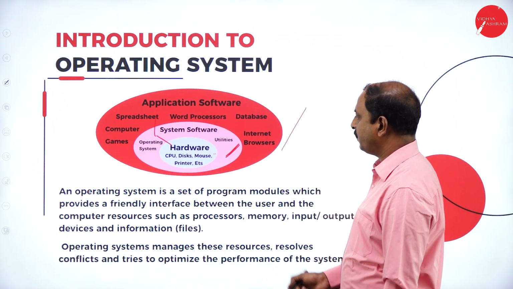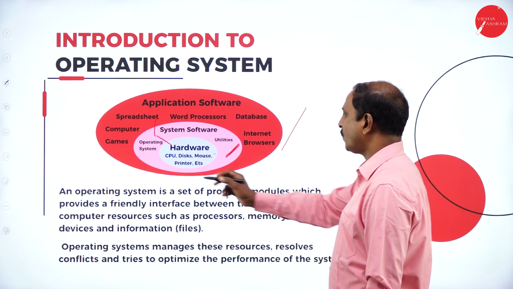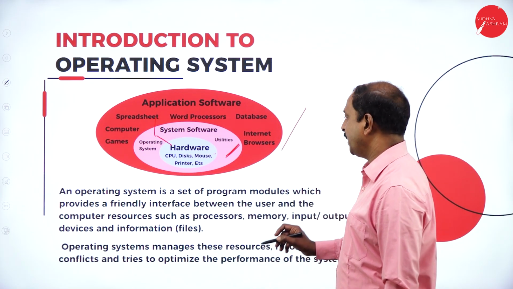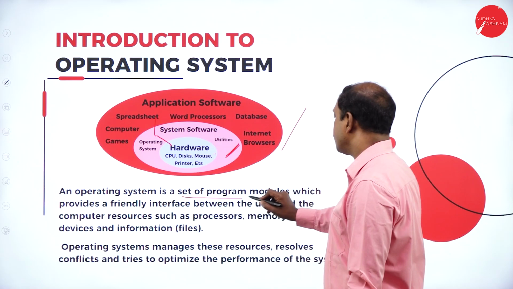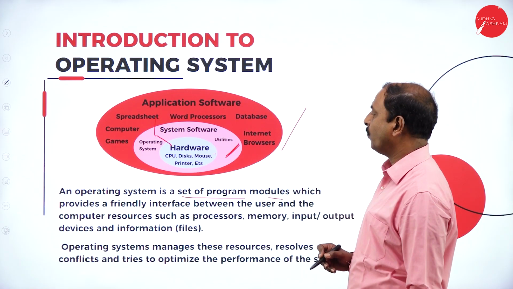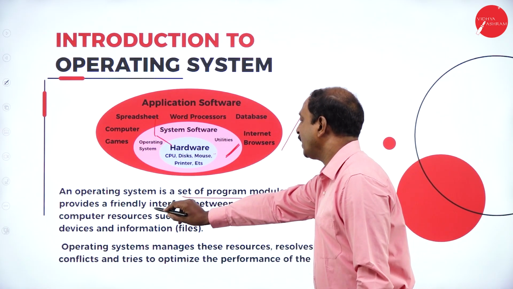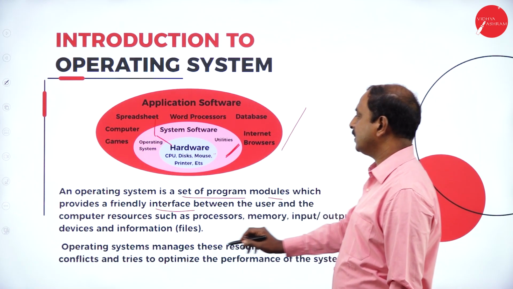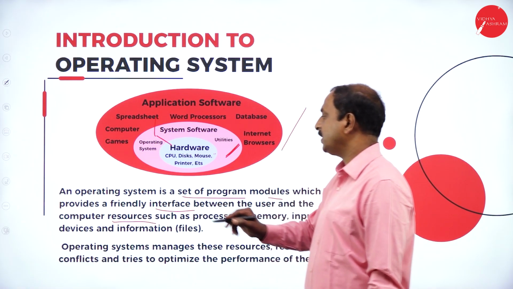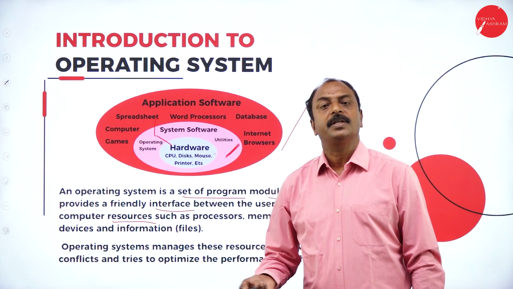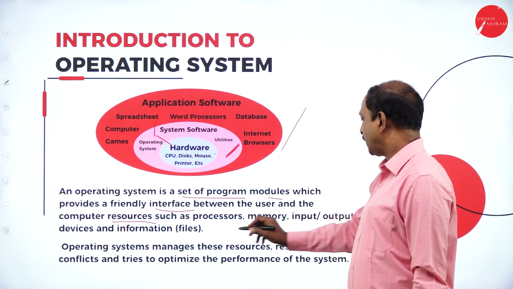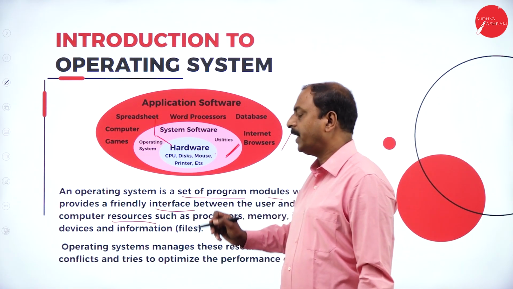Now let us see the definition once again. What is the operating system? It is a set of programs or modules which provides an interface between the user and the computer resources. If I say resources, I mean hardware resources like processor, memory, I/O devices, and so on.